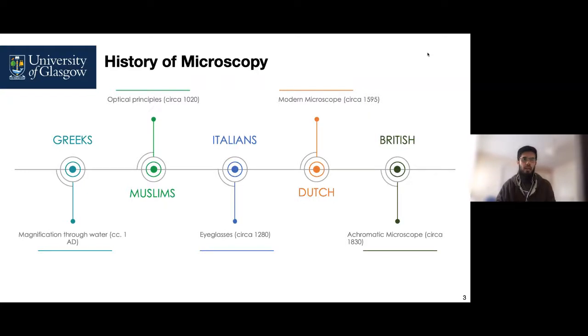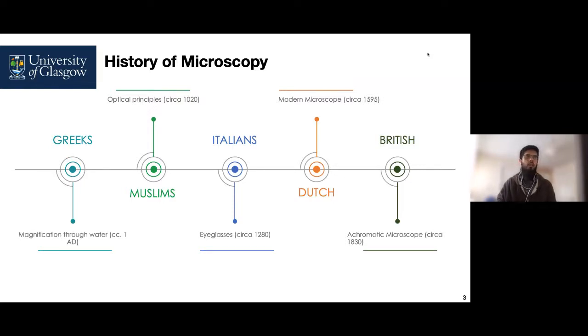So that development happened in the 13th century, and as we move in time, some of the most important developments made in the field of microscopy were made in the 16th century by the Dutch. And that was the time when the Renaissance movement was also taking place in the whole of Europe. So for a few centuries, a lot of development was being made scientifically as well as commercially in terms of microscopes.